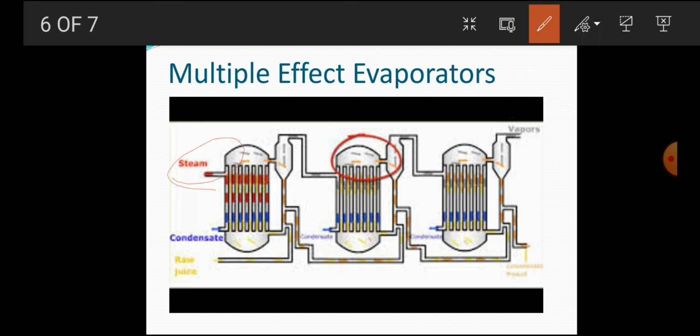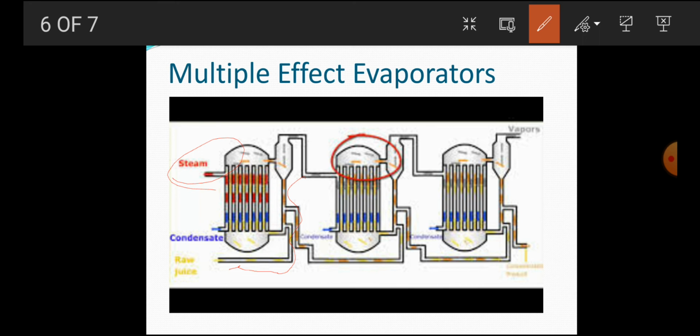To use the heat efficiently, connections are made so that the vapor from one effect serves as the heating medium for the next effect. As you can see, vapor from one effect helps in heating another effect. This is called nest effect.